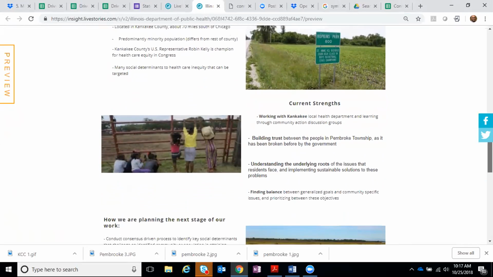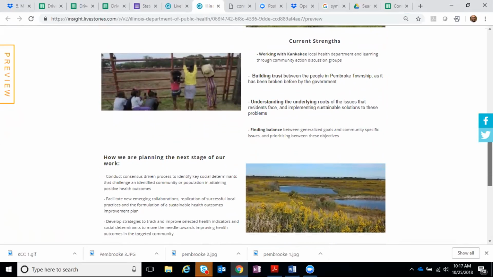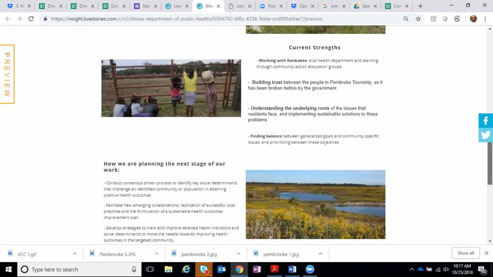Also, Kankakee County has a U.S. representative, Robin Kelly, who is a champion for healthcare equity in Congress. So we thought we already had a voice.